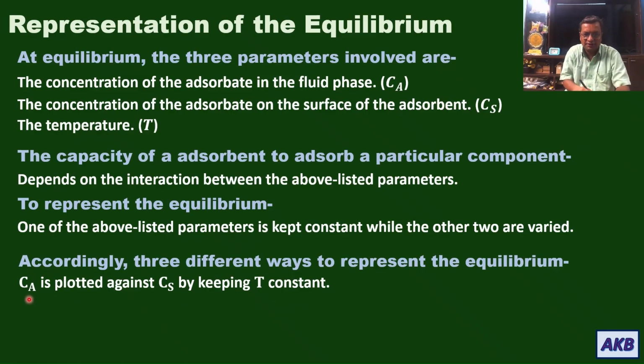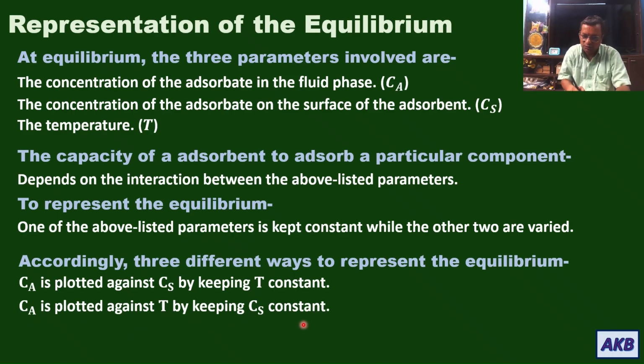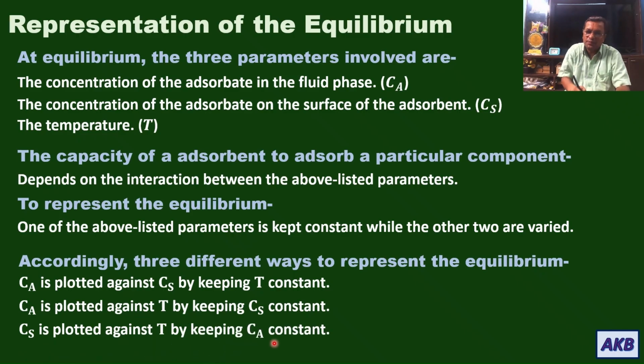The other way is Ca plotted against T by keeping Cs constant, and the third way is Cs plotted against T by keeping Ca constant.